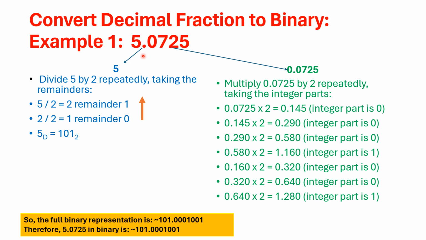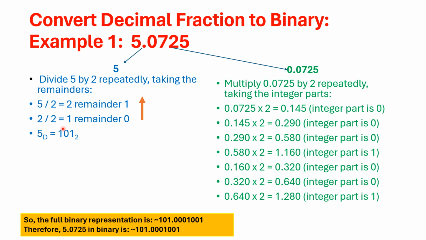As we did in our previous example, integer conversion into binary is a successive division operation. So we perform the division operation of 5 divided by 2. The resultant is 2, with the remainder of 1. We again perform the division operation of 2 divided by 2.